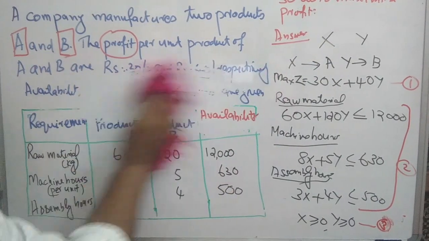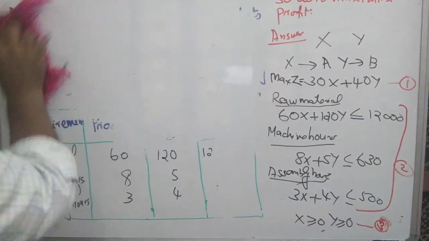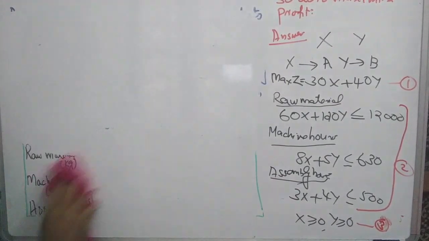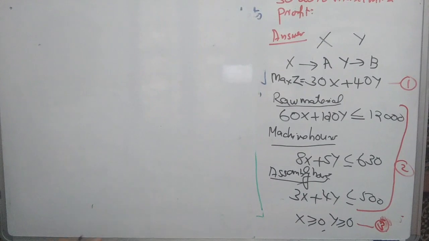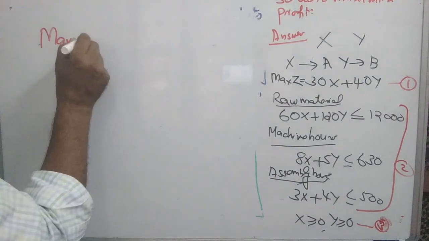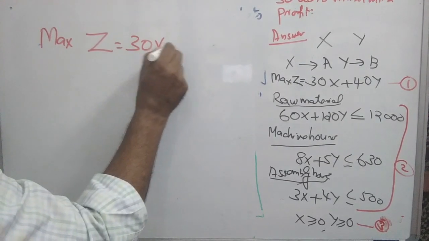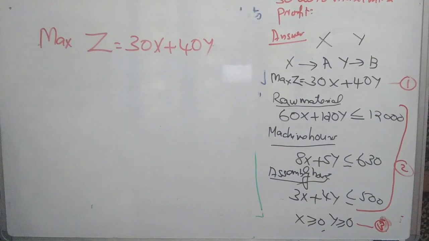So our problem is reduced into a mathematical problem. That is, the 3 components are: maximize, that is the objective function, Z is equal to 30x plus 40y. That is the objective function.